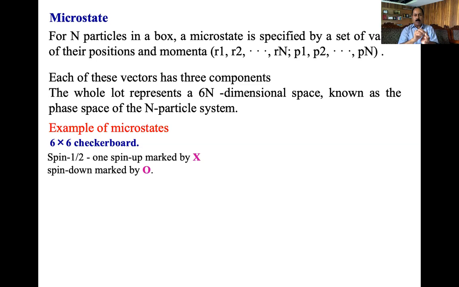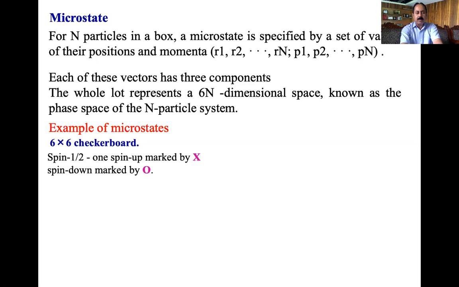Particle number 1 has one pair of values, particle number 2 another pair of values. In this way, for the system as a whole, 6n parameters are there. So in 6n dimensions, if we put one point, that point represents one state, or microstate.